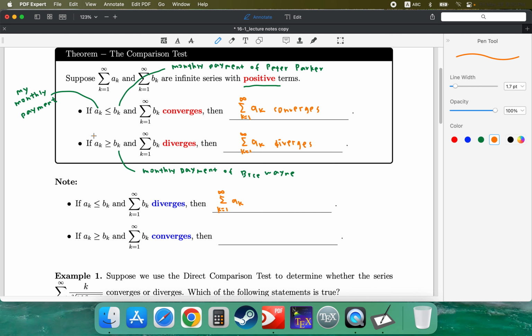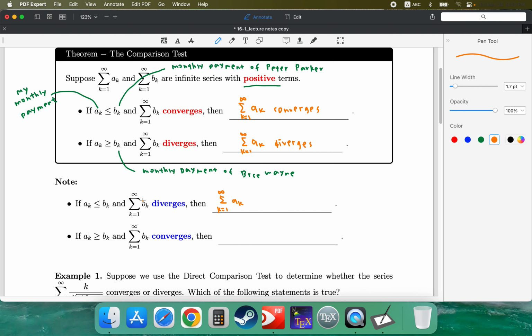Now, if you use this story, it really makes sense. Okay, so my monthly payment is less than or equal to Bruce Wayne's monthly payment. Right here I choose Bruce Wayne, not Peter Parker, because right here it says that summation of BK diverges. So that means this guy's fortune is, well, a lot.